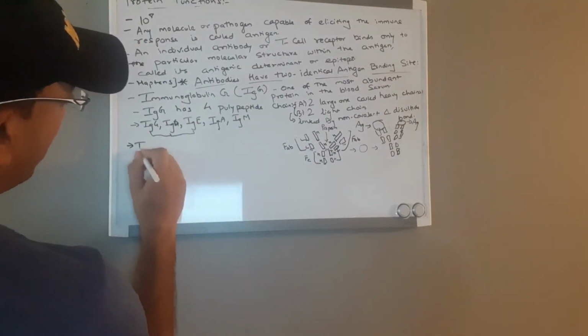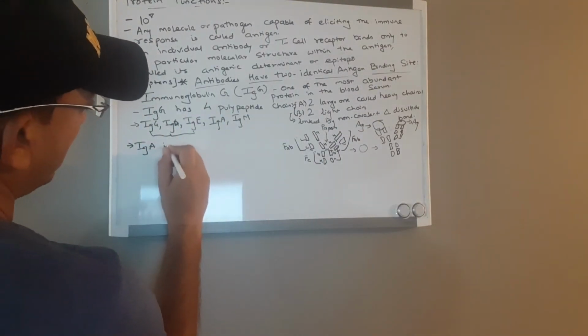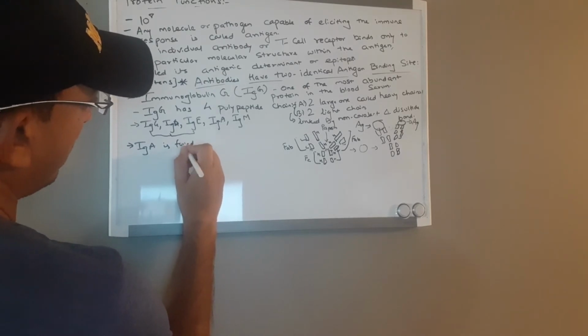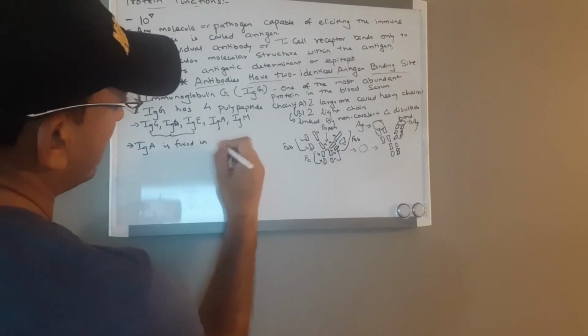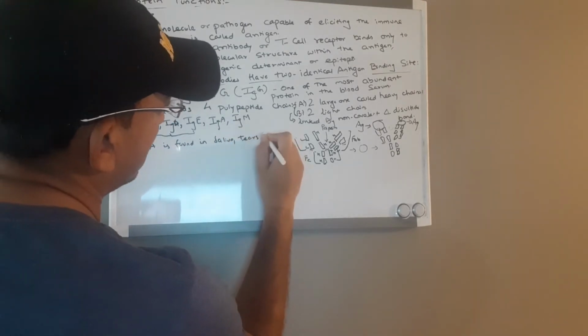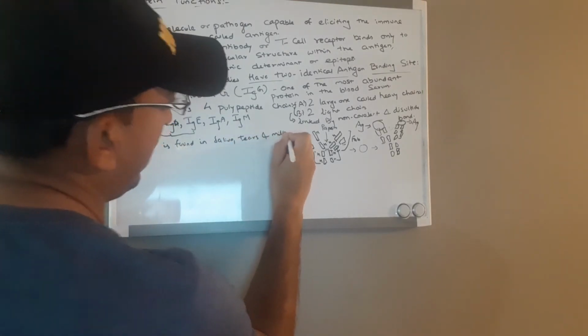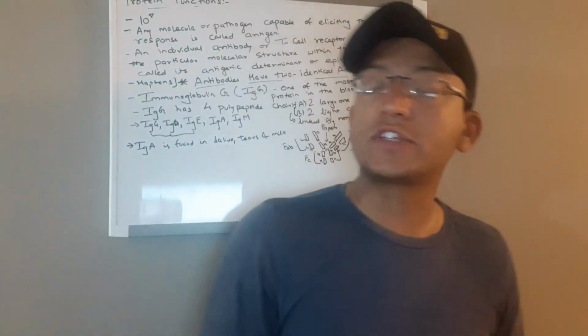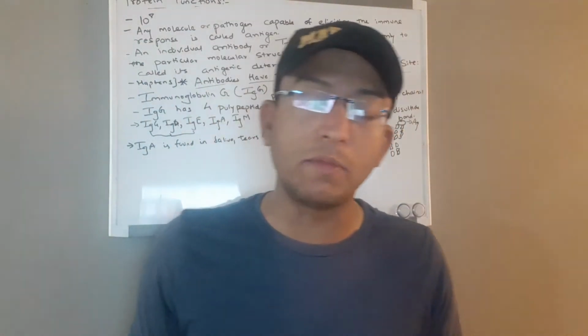IgA is found in secretions such as saliva, tears, and milk, and its structure can be monomer, dimer, or trimer.